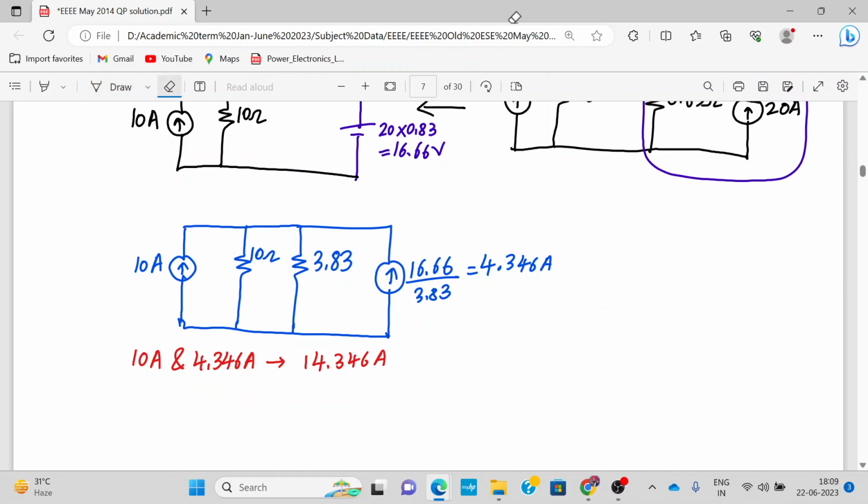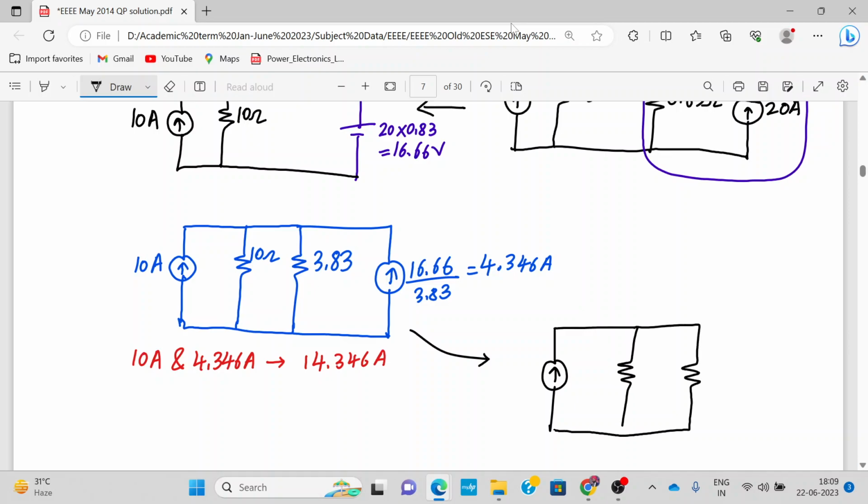Yeah, as I told you, sorry. So this is what you will get: a current source of value 14.346 ampere. This is 10 ohm and this is 3.83 ohm.